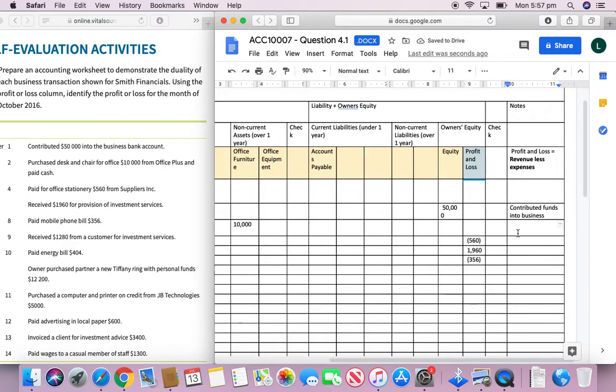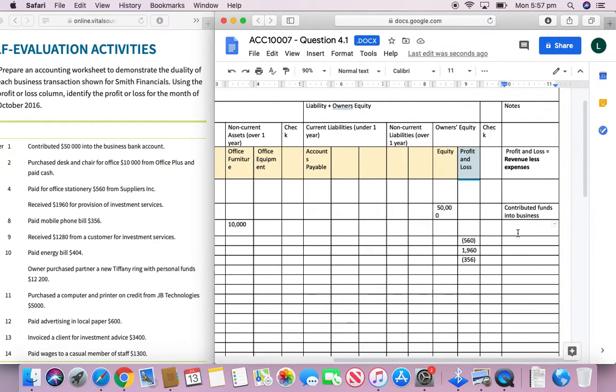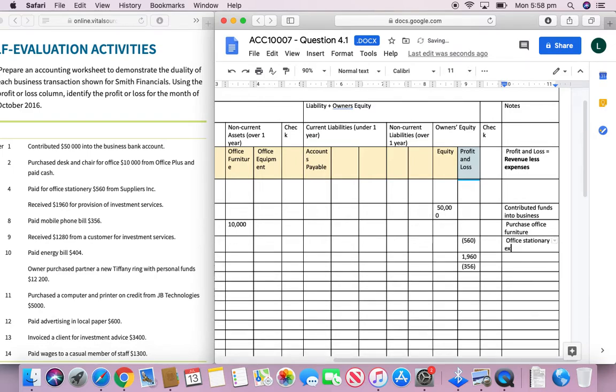My apologies, I've forgotten to write the transactions up here, so let's quickly have a look. So we are going to say purchase office equipment, furniture. The 560, office stationery expense.